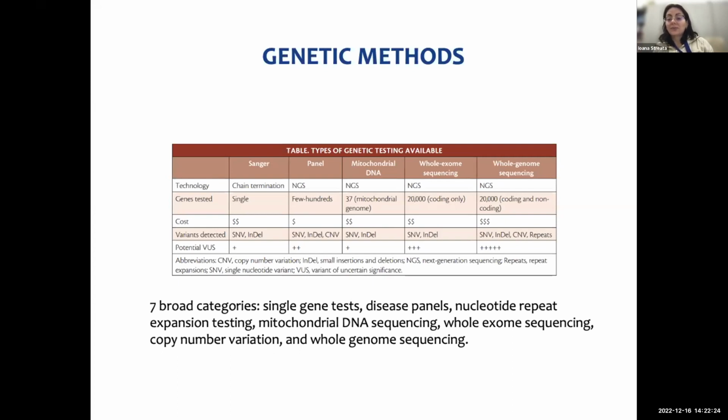And of course, if we talk about whole genome sequencing, we can include also the analysis of mitochondrial DNA that can also be involved in the development of neuromuscular pathologies.